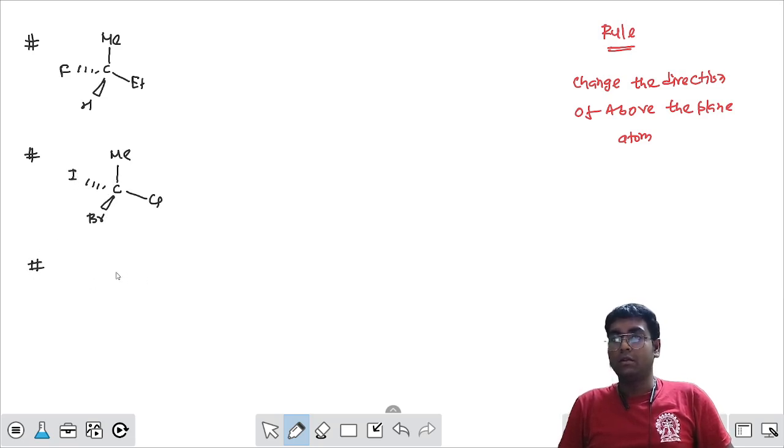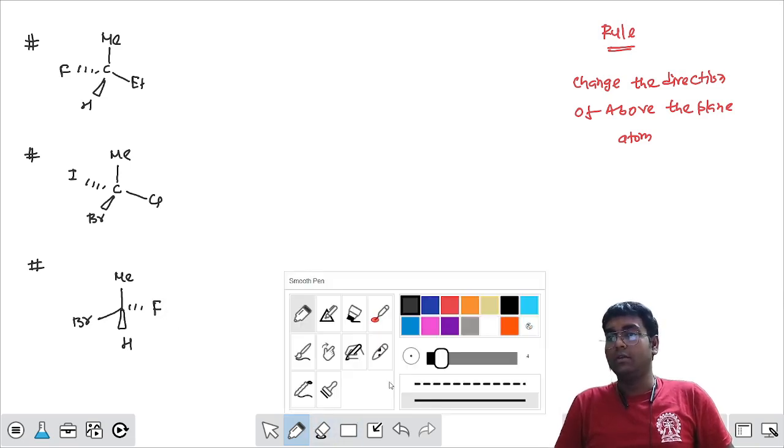Next methyl, bromine. Let's suppose this is hydrogen and this is bromine. Sorry, bromine is already there, so fluorine. Okay, let's try to solve these questions.